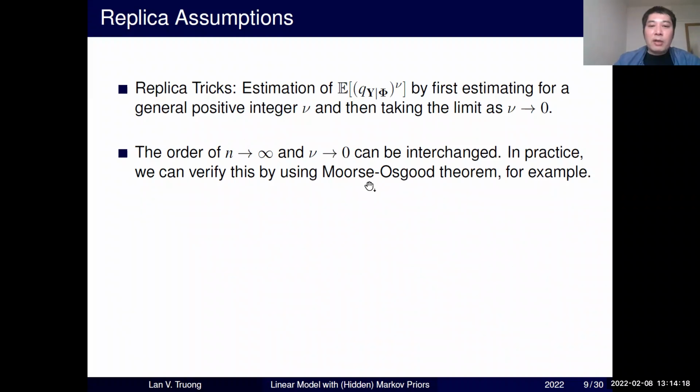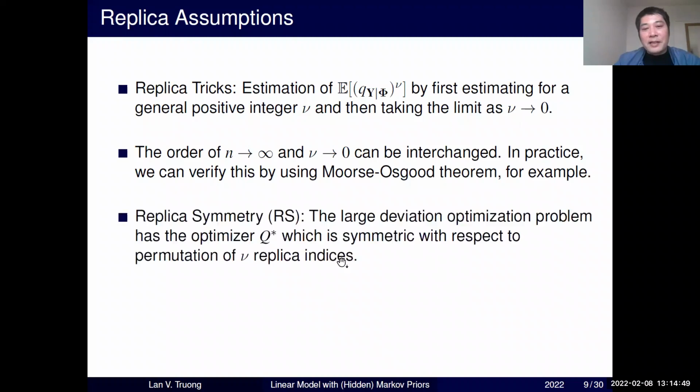For example, Moore-Osgood theorem: when one limit converges uniformly and the other converges pointwise, we can interchange them. So this is an assumption in replica methods, but we can prove it rigorously using mathematical analysis.